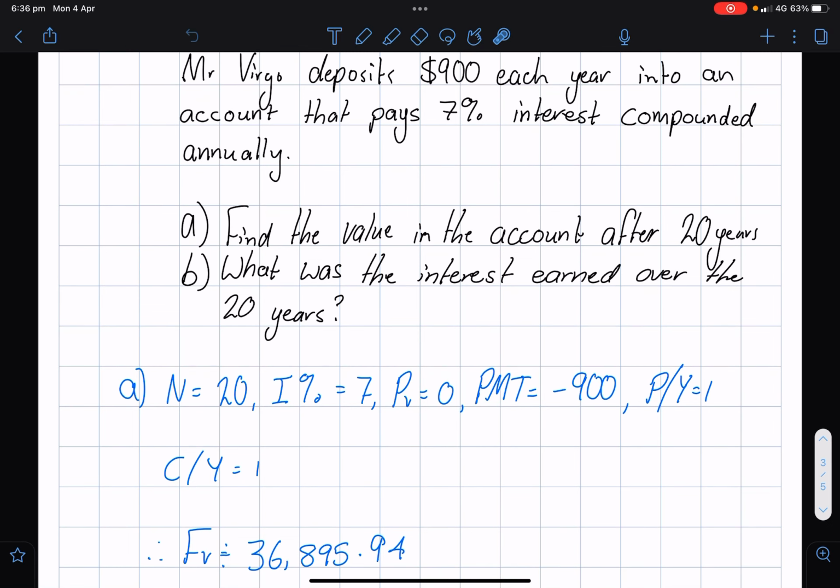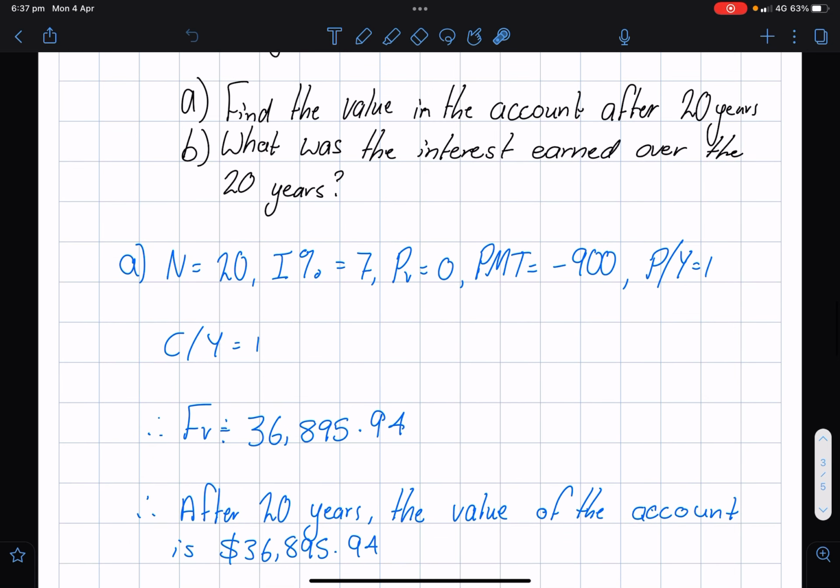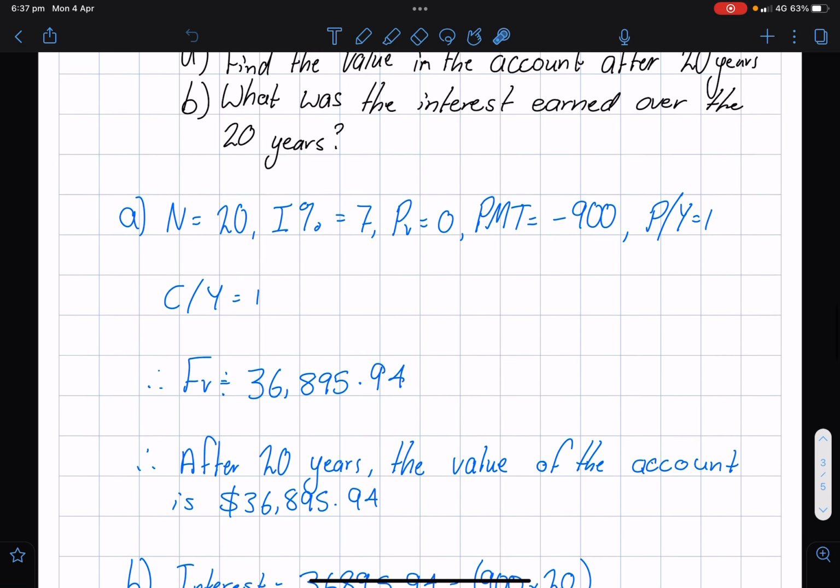So FV, our future value, is approximately equal to 36,895.94. Therefore, after 20 years, the value of the account is $36,895.94. So that is part A done. Part B, what is the interest earned over those 20 years?